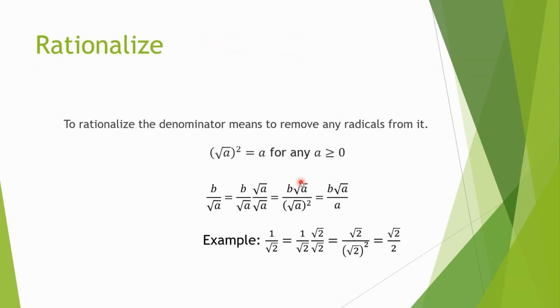So again, what we're going to focus on is only when square roots are in the denominator. And to eliminate it, this is a property we're going to use. It's not hard to see why this equation is true. It's just from the definition of the square root. If you take the square root and then you square it, you get back the number itself, if the radicand is non-negative.